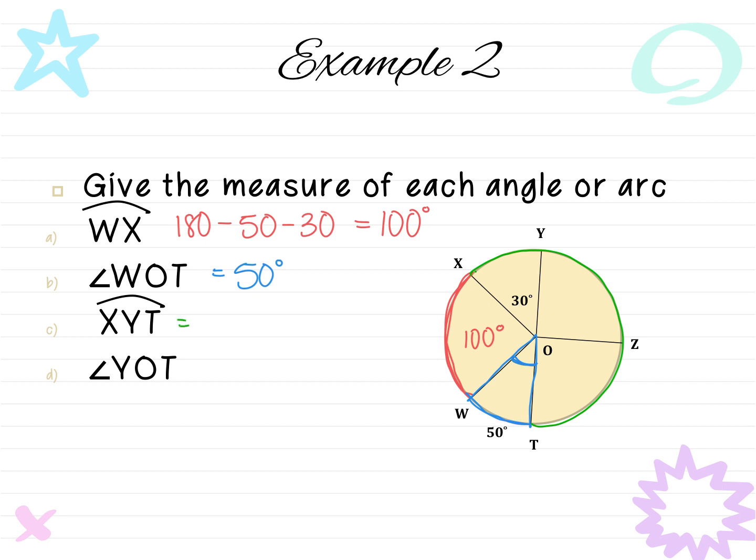Good, so I'm taking 150. Not 150. What would I be adding? William? 180 plus 30. What would I get? Good. 210 would be my arc measure.